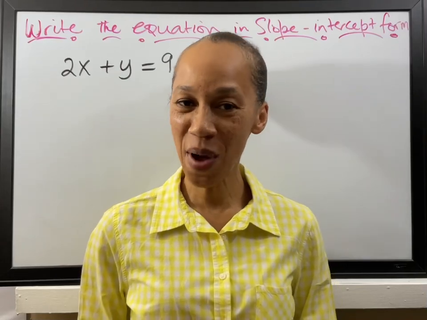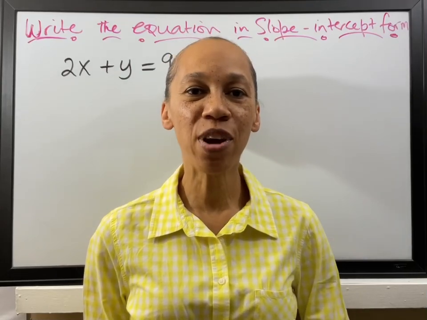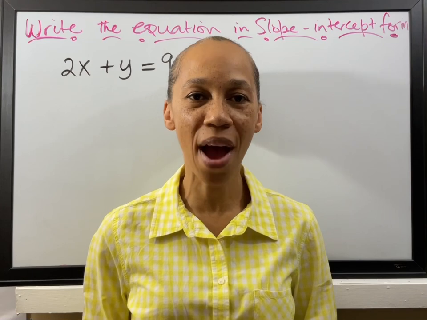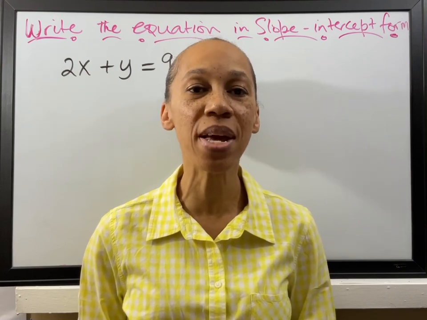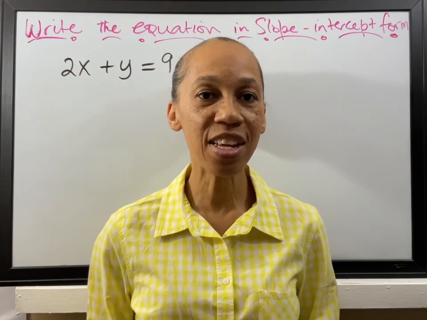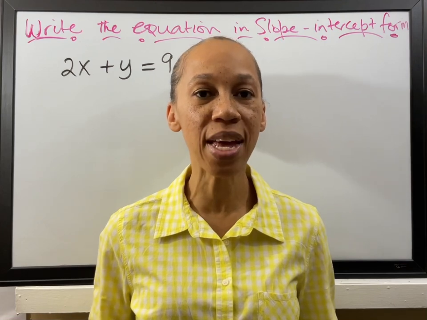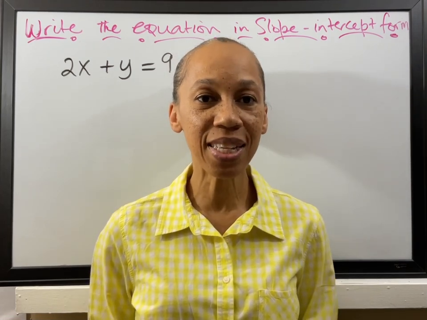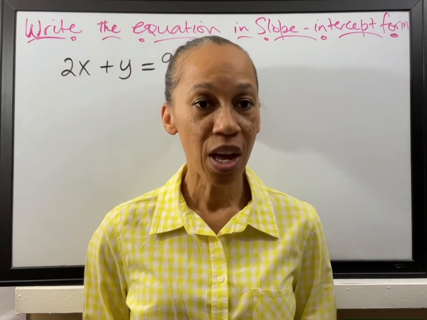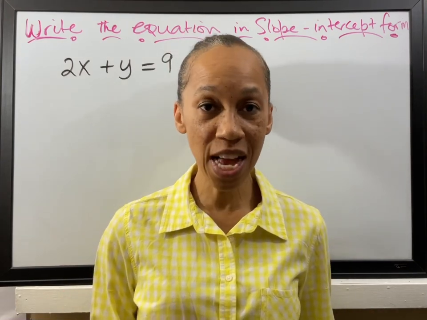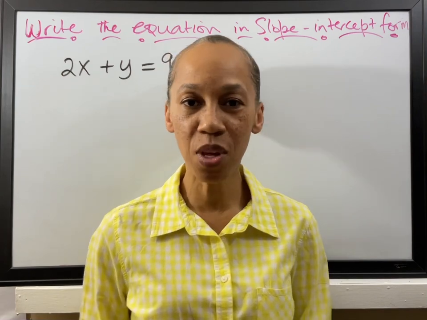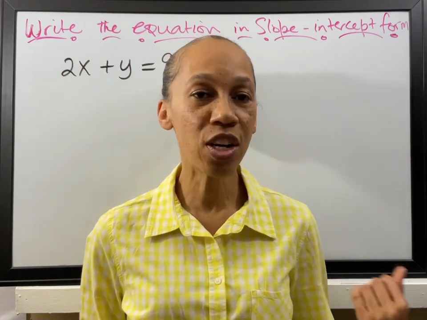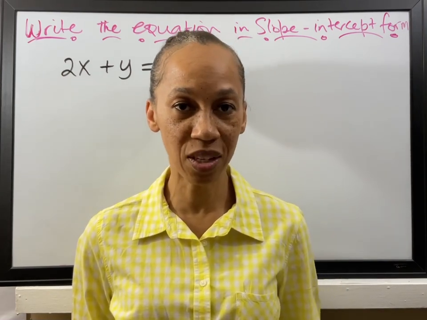Hi everyone, welcome back. Today I am going to demonstrate to you how to write an equation in the slope-intercept form. Now this equation is usually in the standard form, and because it is in the standard form, you have to change it, do some shifting around in order to get it into the slope-intercept form.